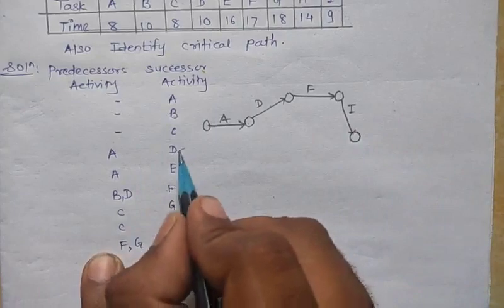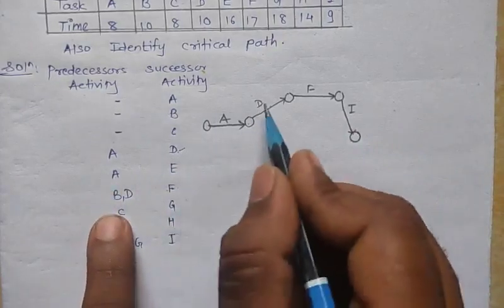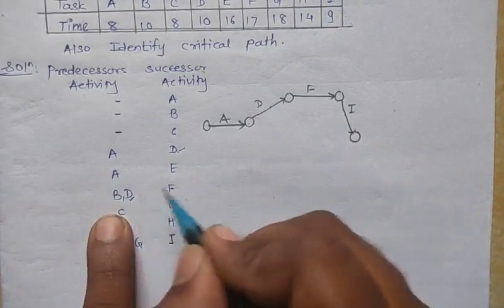So here A goes to D is done. Next D goes to F is done.